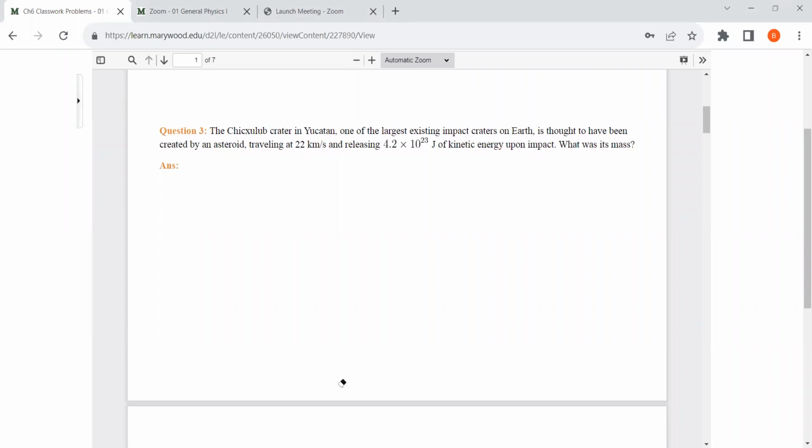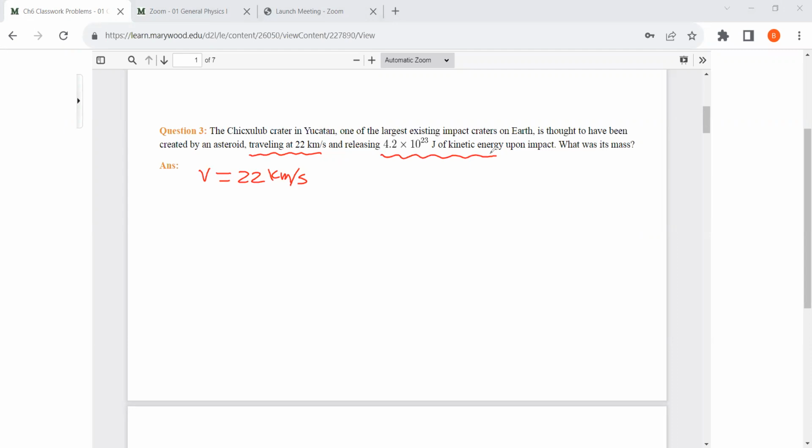Here it gives us some velocity: velocity equal to 22 kilometer per second. Some object's velocity is given, and also the kinetic energy is given.